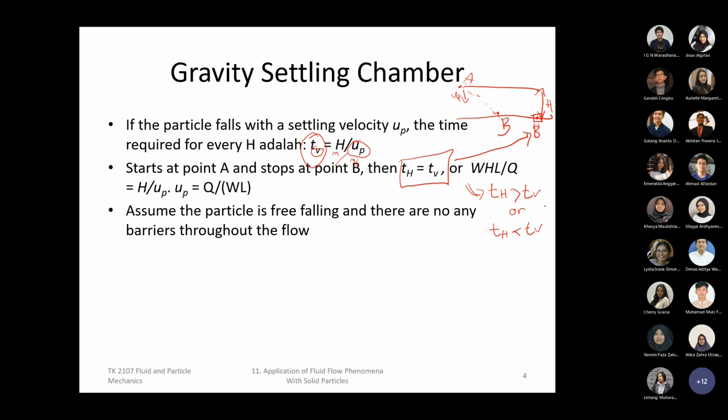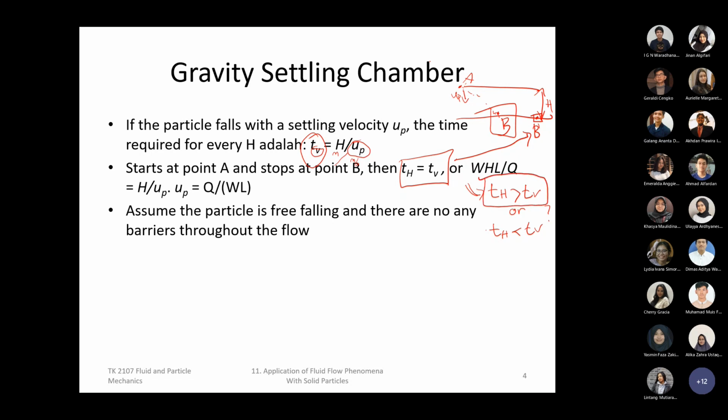Which one is correct? What is the acceptance criteria for you to make sure that it already settles before it exits the chamber in the horizontal direction? The first one, sir. Yeah.